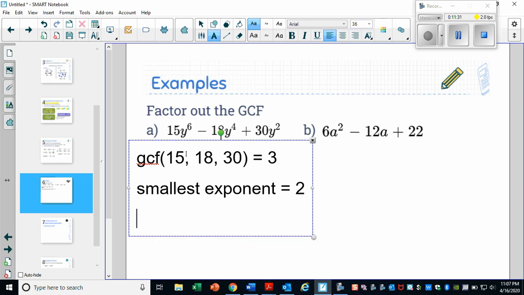So in the end, GCF equals 3y squared. So I really should have written here x and then your exponent of 2.